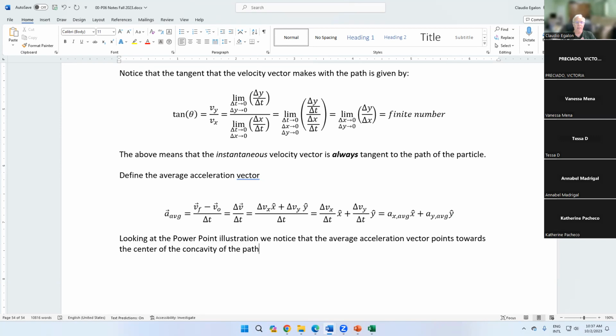And again, this is another piece of information that we do not have for one-dimensional kinematics. This is no coincidence.